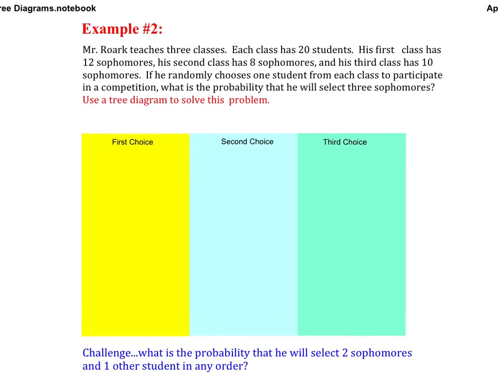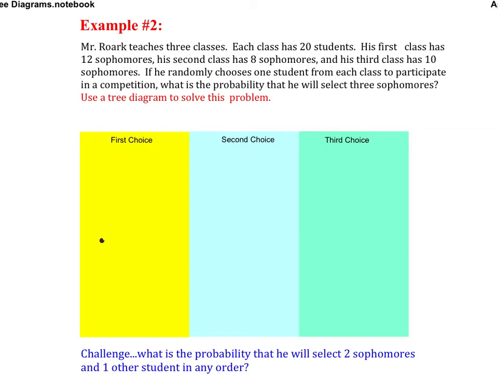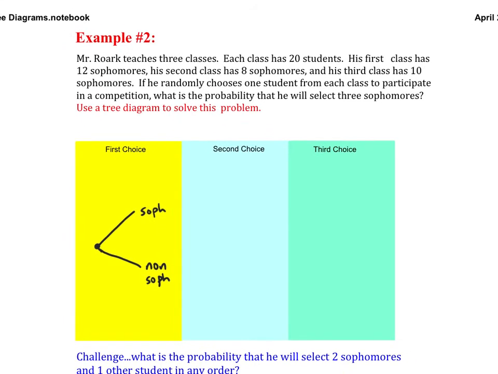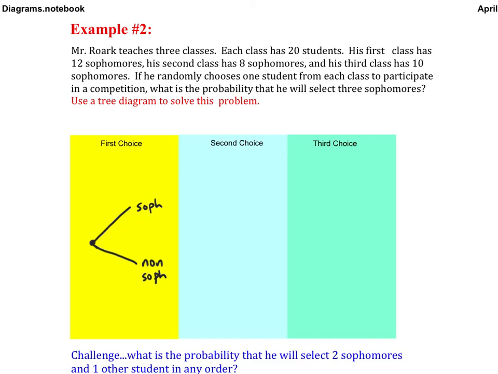So our first choice, obviously, is that we are either going to have a sophomore or we will have a non-sophomore. And the probability we have a sophomore, keep in mind, in his first class is 12 out of 20. I'm just going to use a fraction this time, so I'll write 12 over 20, and then 8 over 20 for the non-sophomores.